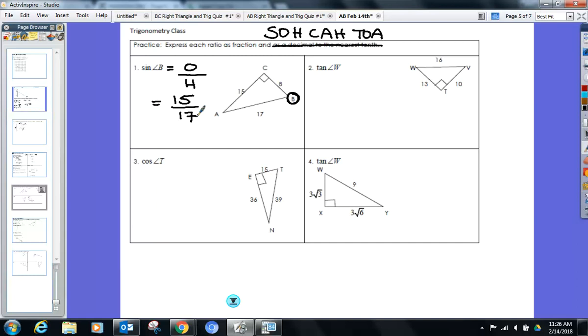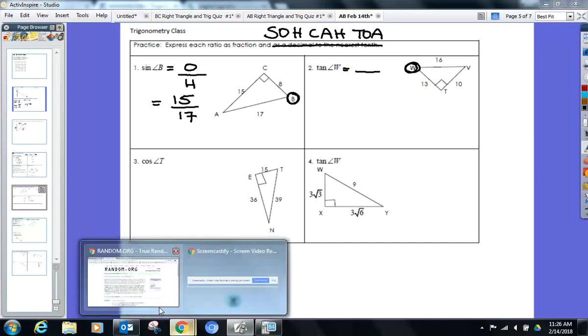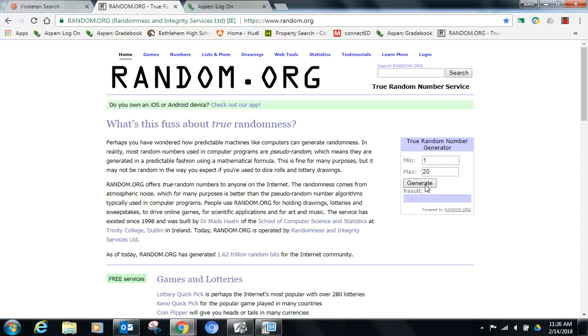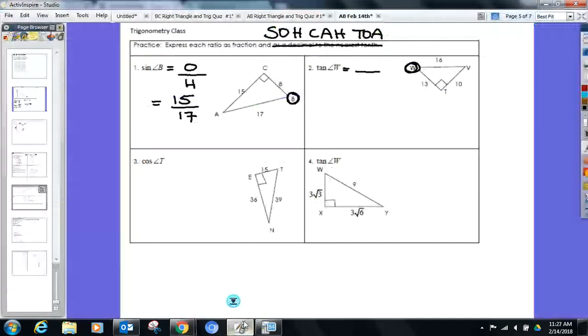Let's go to 2. Now I'm looking for the tangent ratio from W. So everyone focus on W. Tangent, according to Sokotoa here, is what? Yep. Sine, cosine, tangent.